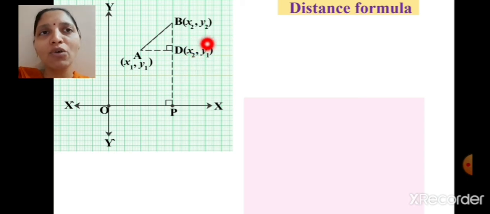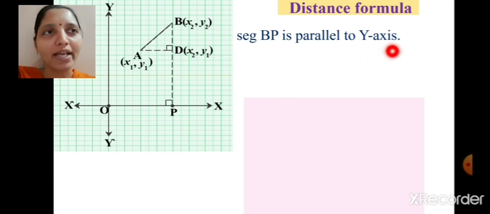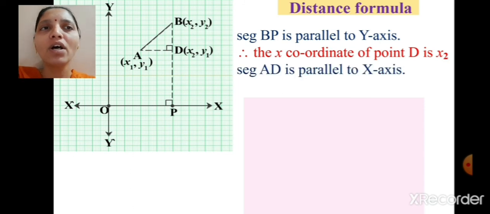And what about the y coordinate? For that we have to consider segment AD. So let's first write down: segment BP is parallel to the y-axis. Therefore, the x coordinate of point D is x2. Now, segment AD is parallel to the x-axis.